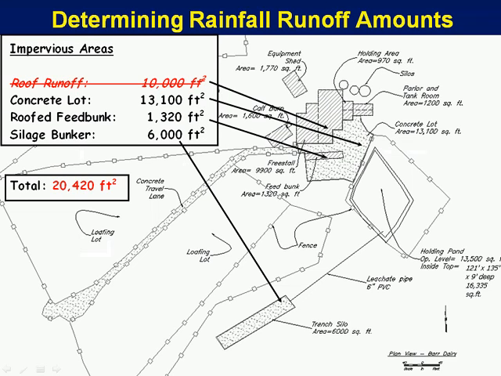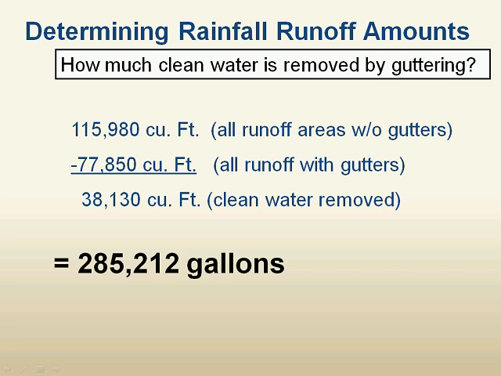If we were to take out the roof runoff and divert that somewhere else, we've cut our impervious area by about a third, and that can really impact the amount of water that we have to deal with from areas outside of the dairy cow areas themselves. For example, if you were to just put gutters on this example, you start out with about 116,000 cubic feet per year of runoff from the whole area, if we didn't have gutters.